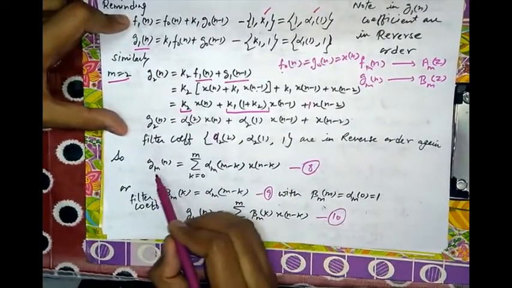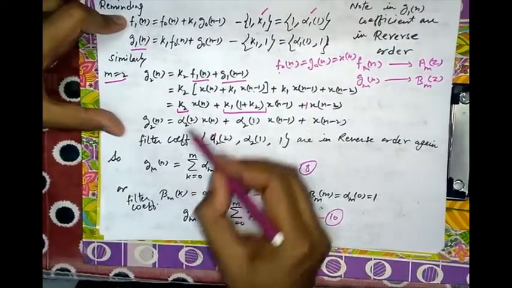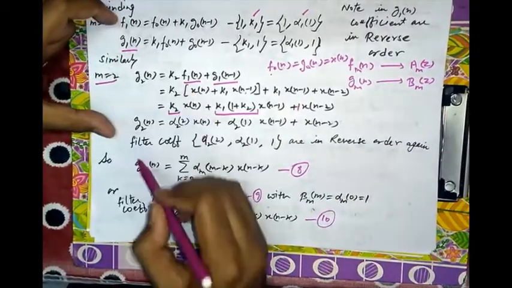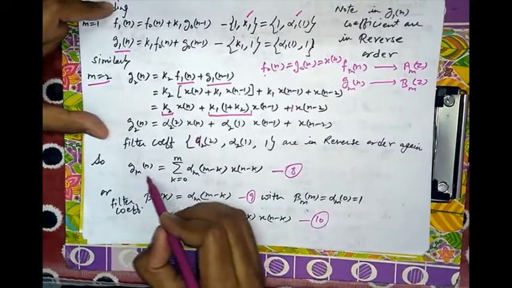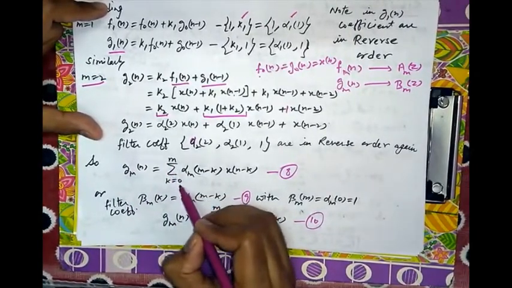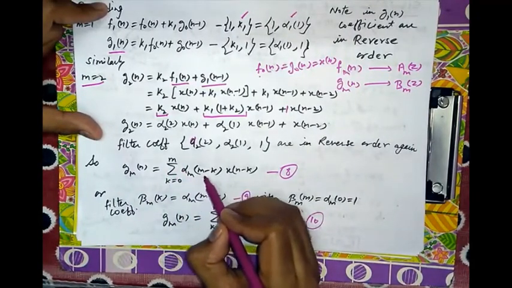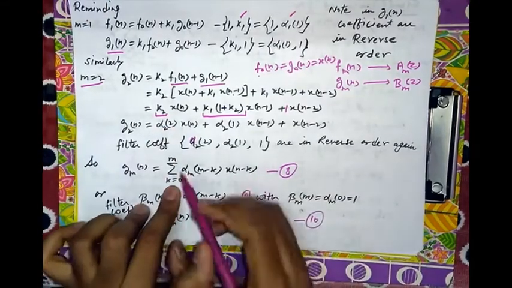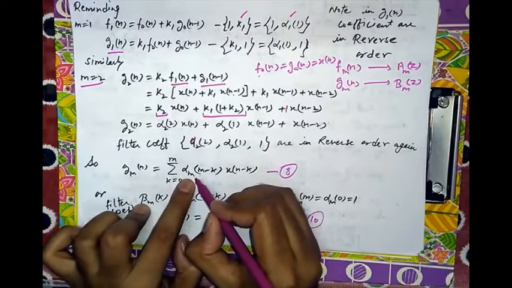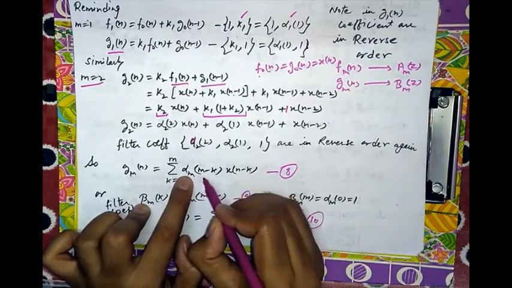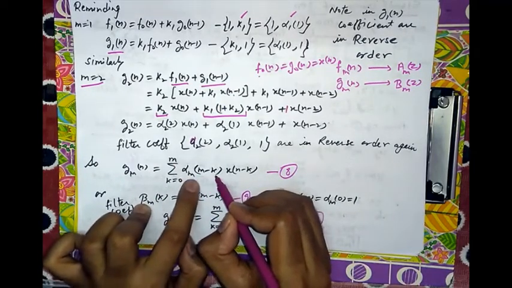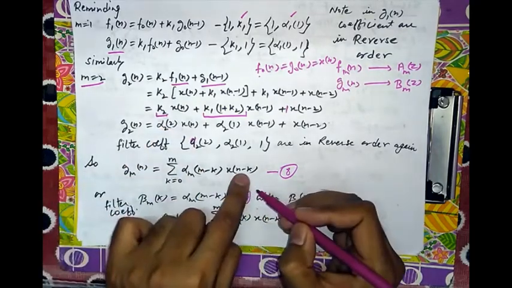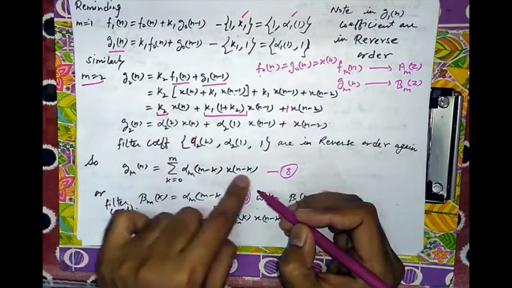So we can simply write gmn by generalizing this equation for m equal to 2 and m equal to 1 by studying these two equations. gmn will become the summation k equal to 0 to m, alpha m, m minus k, xn minus k. We can again check it here by putting m equal to 2. For k equal to 0, alpha 2, 2 and xn minus 0.